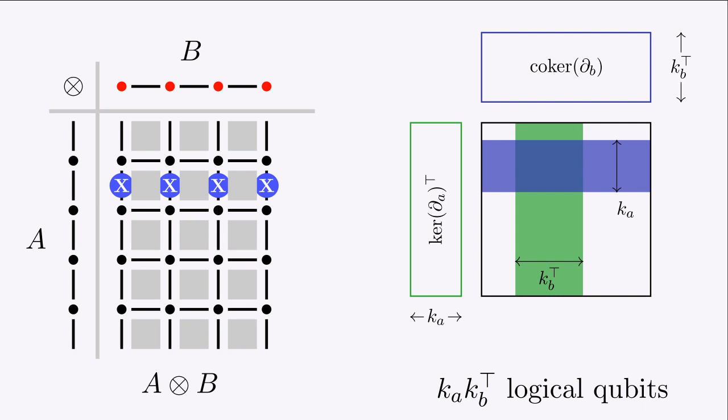But then we need to copy these string operators, and that copying is controlled by the kernel of the A matrix. So for every row in the kernel of the A matrix, we need another copy of the X-like strings here. For the surface code, this K_A was just 1, so we didn't need to do this.